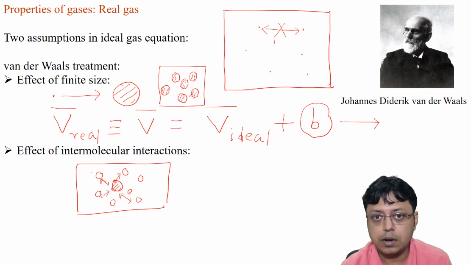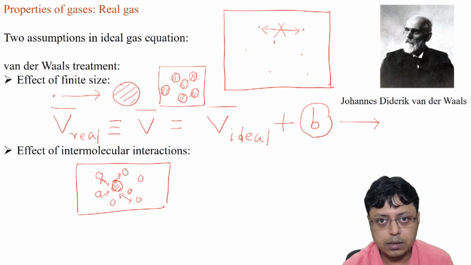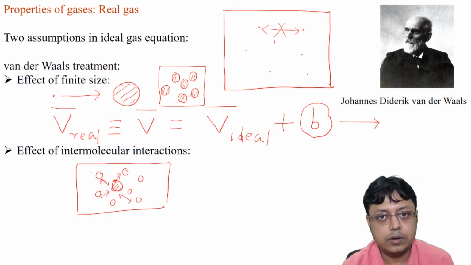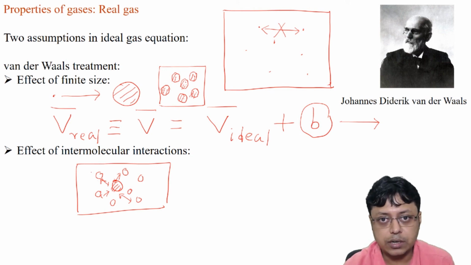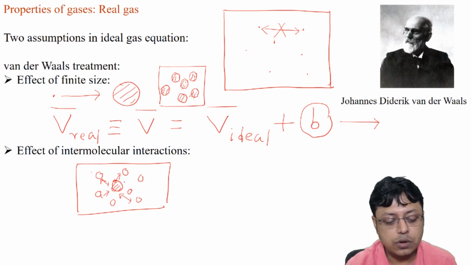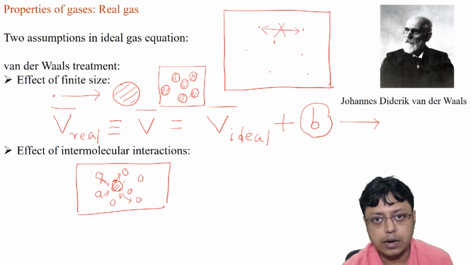However, for a system at thermal equilibrium, the distribution of molecules inside the container is isotropic, so this molecule will feel equal attraction in all directions. So there will be no net attraction in any favored direction. So if this molecule moves, there will be no change in its velocity in a particular direction, and it will more or less obey the ideal gas behavior.